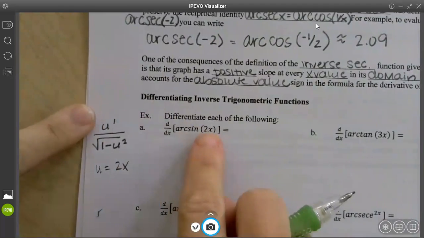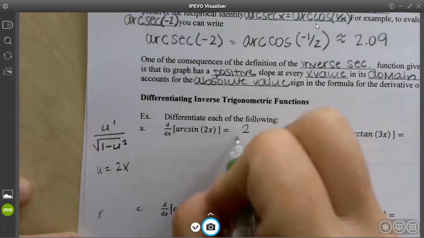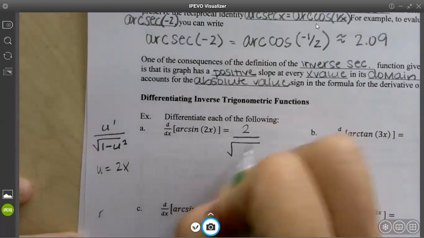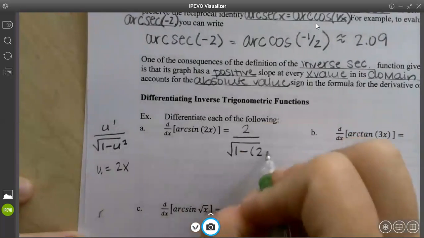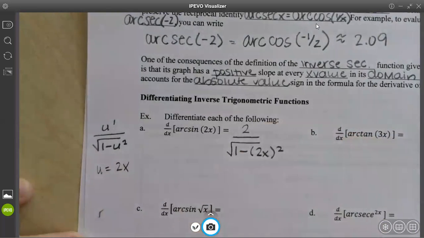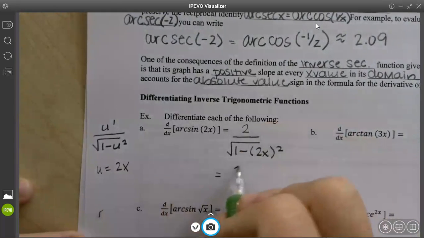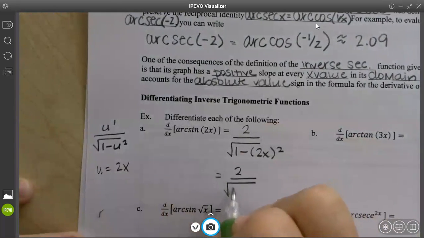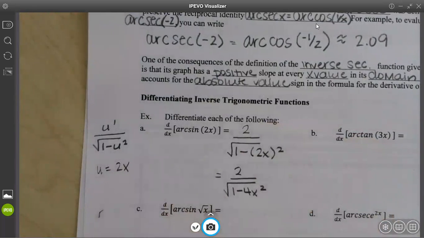So what is the derivative of 2x? 2 over the square root of 1 minus, it says u squared, so our whole u was 2x squared. And then just clean it up. 2 over the square root of 1 minus 4x squared. Again, don't make it complicated.